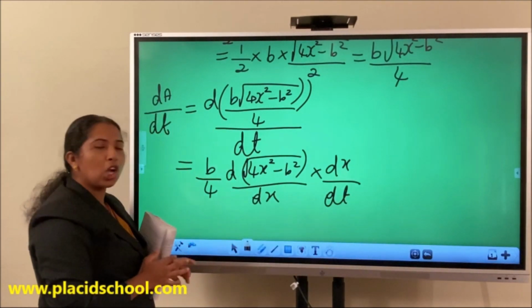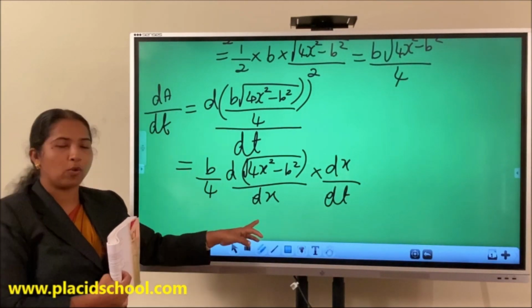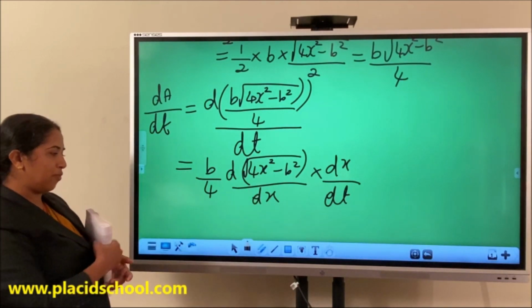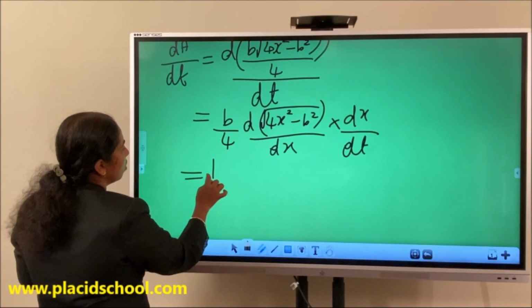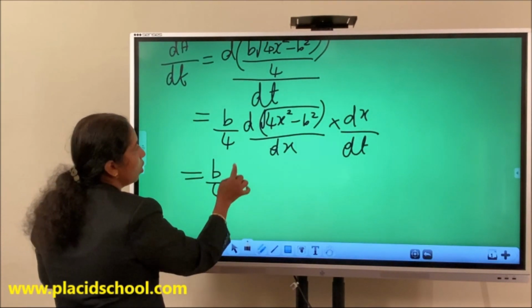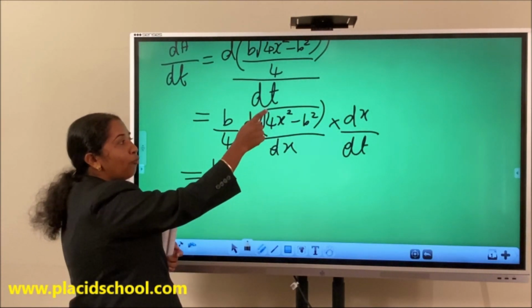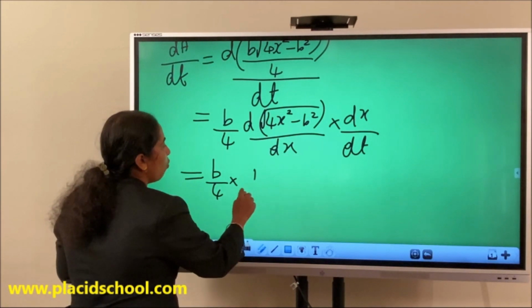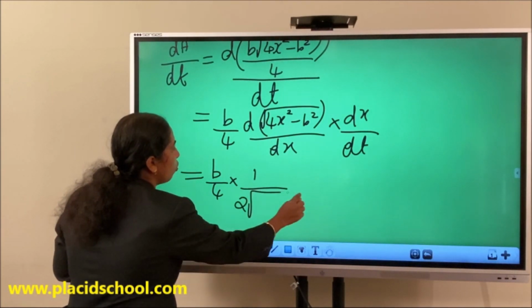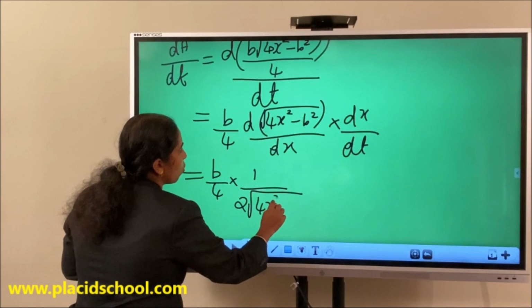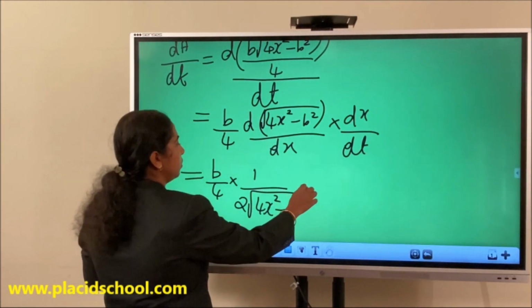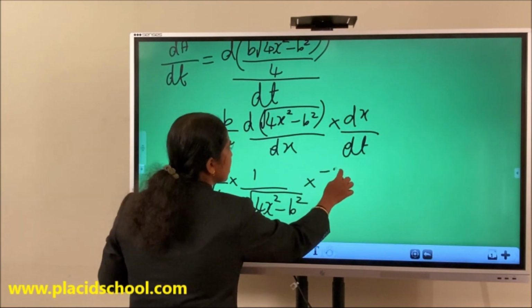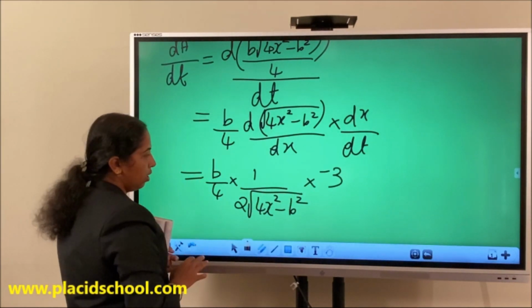Here b is a given constant, so we are differentiating with respect to x and using chain rule of derivatives here. This is equal to b by 4 into derivative of root of 4x square minus b square, which is 1 by 2 into root of 4x square minus b square, into dx by dt, which is given to be negative 3.